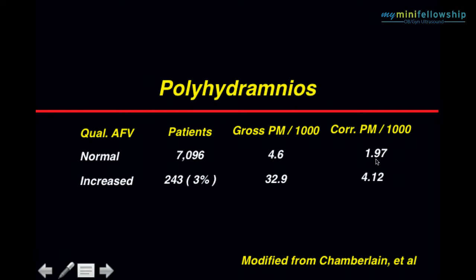And you can see there were fatal anomalies among the fetuses with normal fluid as well. But the effect was much greater in cases of anomalies associated with polyhydramnios. So the way I look at it is that polyhydramnios approximately doubles the risk of perinatal mortality once you exclude the severe anomalies that can be associated with polyhydramnios.